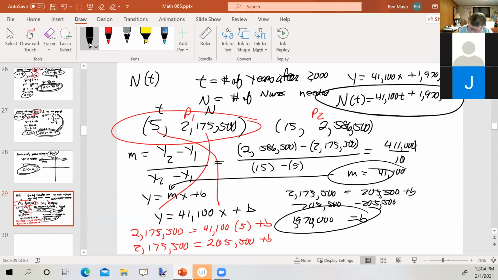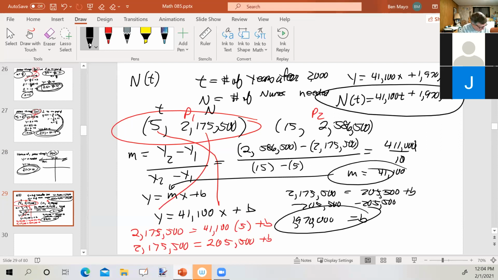So there's my final answer. Seemed like a lot of work, but we really did the same thing we did on a problem earlier. Extract two ordered pairs, use the slope formula to find the slope, plug that into y equals mx plus b, take one of the ordered pairs, plug it in for x and y to find b, bada boom, bada bing.